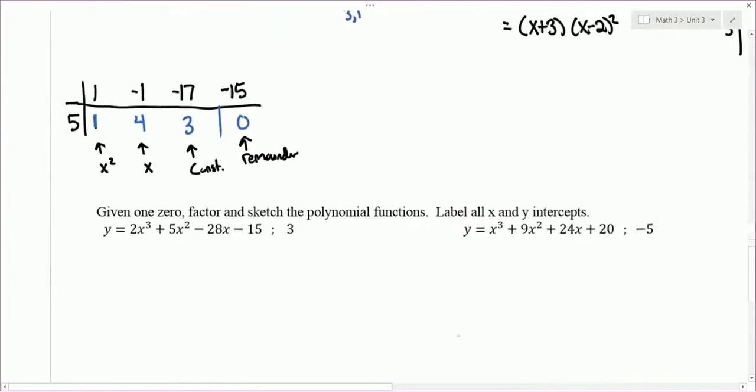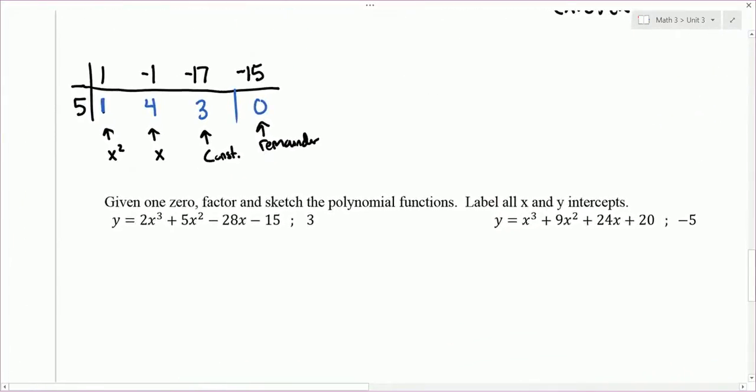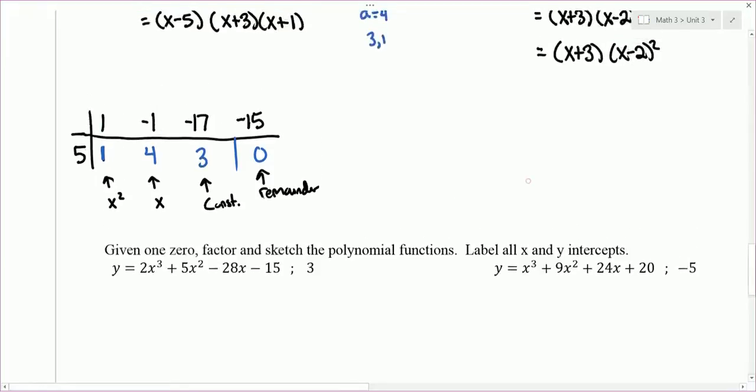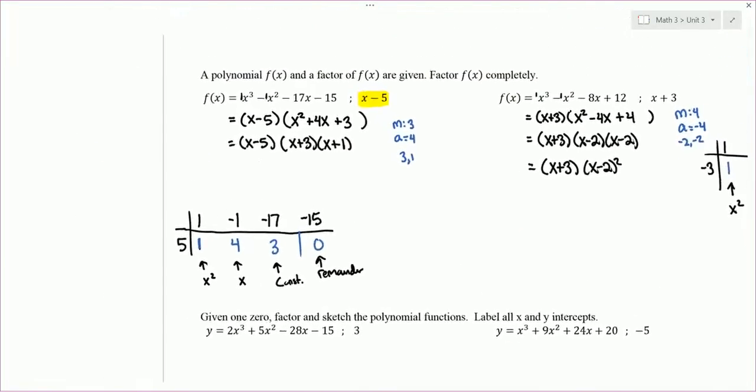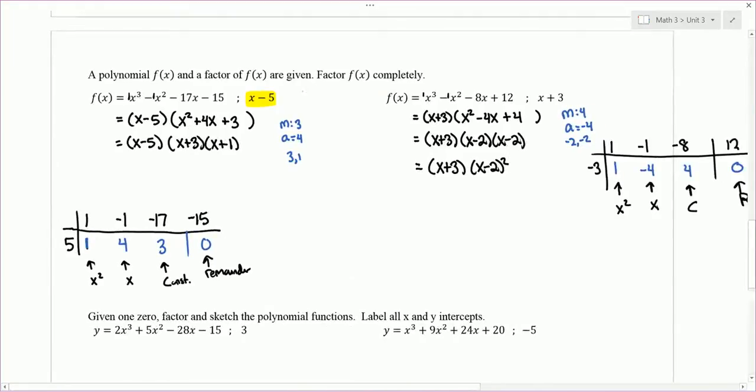So our next one, we're given 1, 0. We want to factor and sketch the polynomial function. This is different than the last couple problems, because in the last problem we were given a factor, not a 0. And remember what a 0 is.